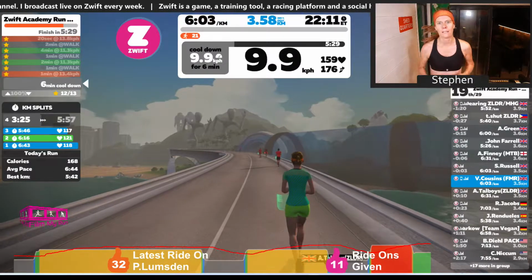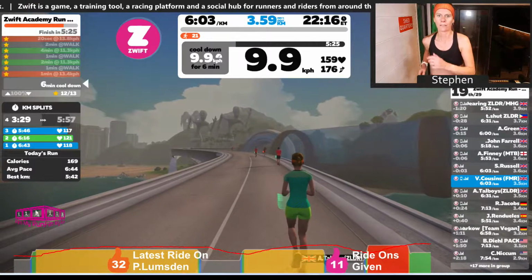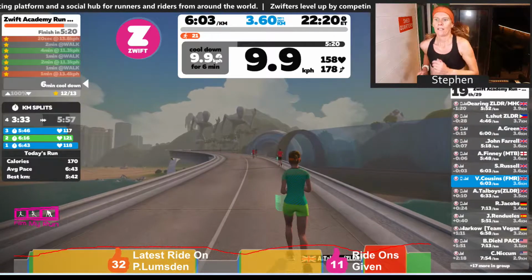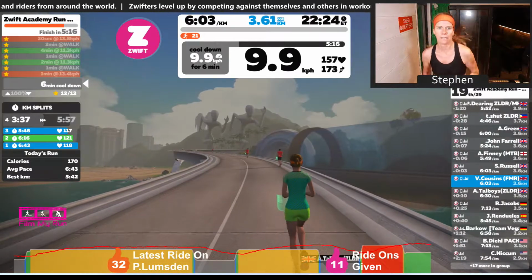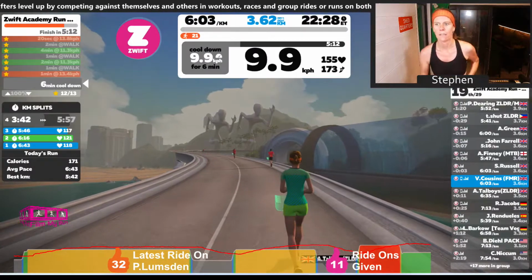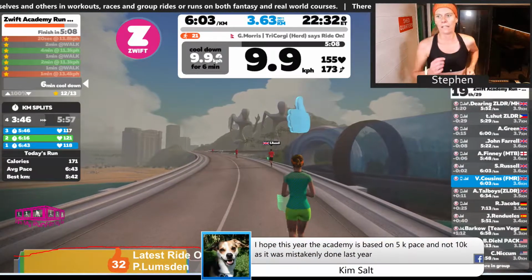Obviously there are caveats: on an ultra with hills, you'd split it up differently. But with a flat road marathon, a flat 10k, or a flat road or track 5k, you would run every split exactly the same.